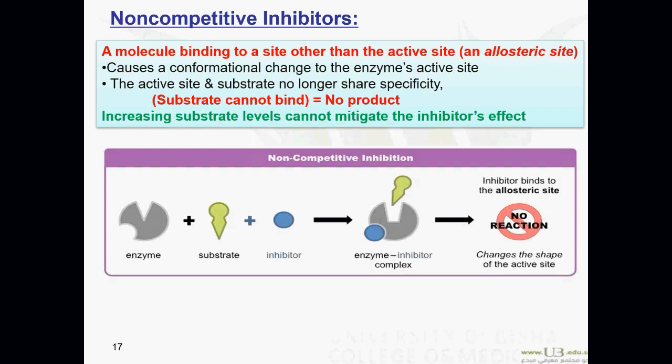Again, if we assume we have 10 moles of the enzyme, 10 moles of this substrate, and 10 moles of this inhibitor, we may expect that only some of these inhibitors can bind to the groove of the non-prosthetic site, and the remaining will not be affected. So if we expect that 30% of the inhibitor binds to the enzyme, only 30% of the enzyme will change in the active site, and the remaining 70% can bind with the substrate and give 70% product, and so on.